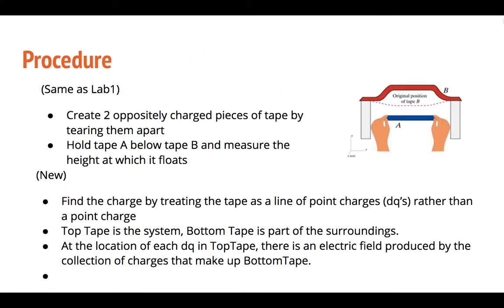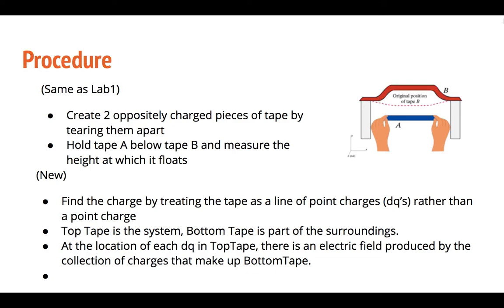The procedure, again, starts off being the same as Lab 1, where we have two oppositely charged pieces of tape, which we create by tearing them apart and then hold one above the other in order to have it levitate without touching, and then measure this height. And now we're adding in treating the tape as a line of point charges rather than a single point charge.